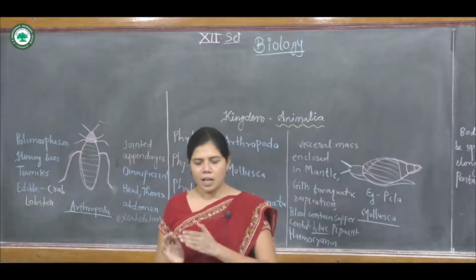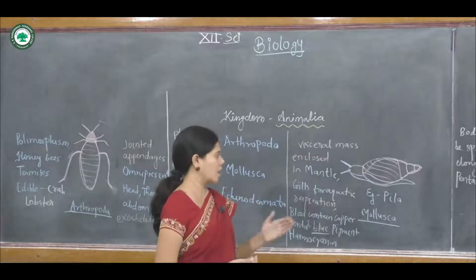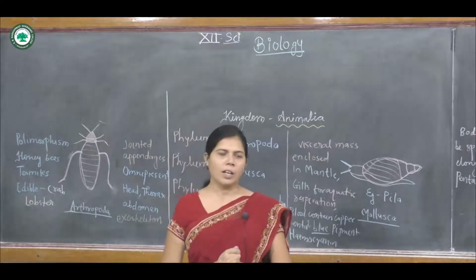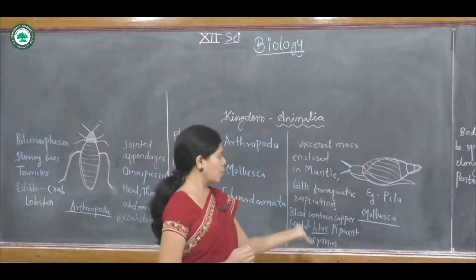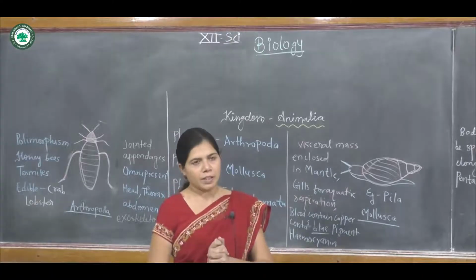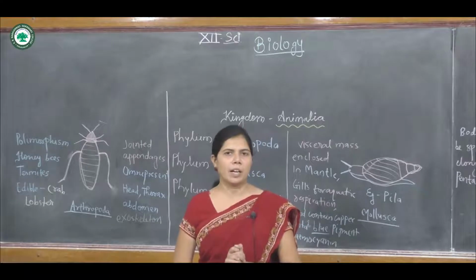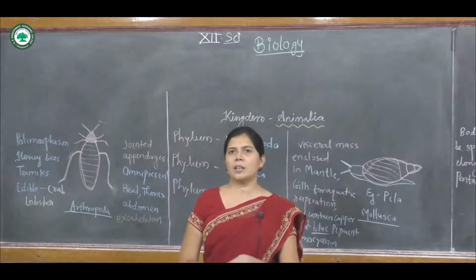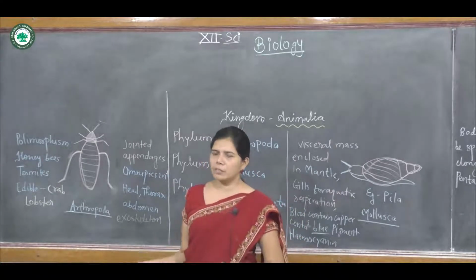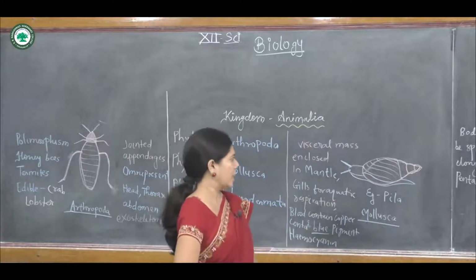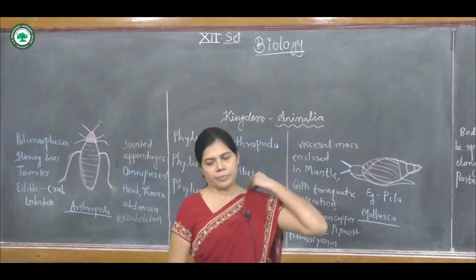The examples are Pila, Sepia and octopus. It is the second largest phylum of the kingdom Animalia. The first largest phylum is the Arthropoda, and the second largest is the Mollusca.